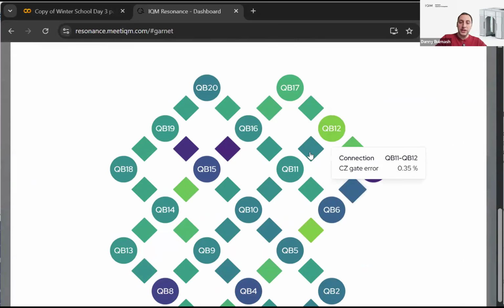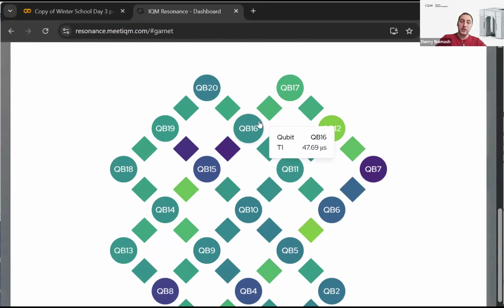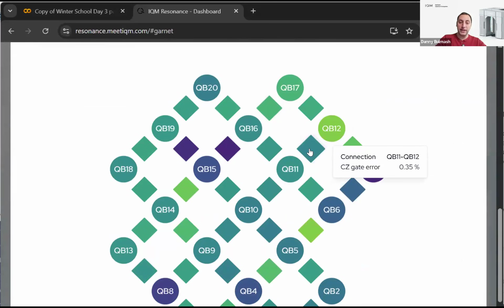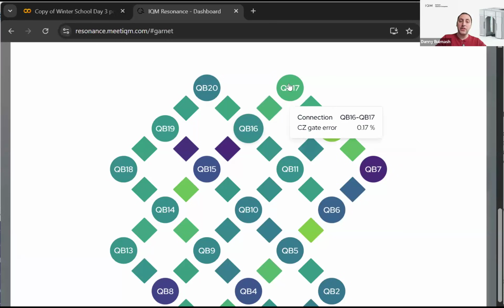You'll notice that this connection between qubits 11 and 12 is a bit noisier than the connection between qubits 16 and 17. There's 0.17% error here, and there's 0.35% error over here. So it's best to use 12, 17, and 16. The qubits are great, and the couplers between them are also good.